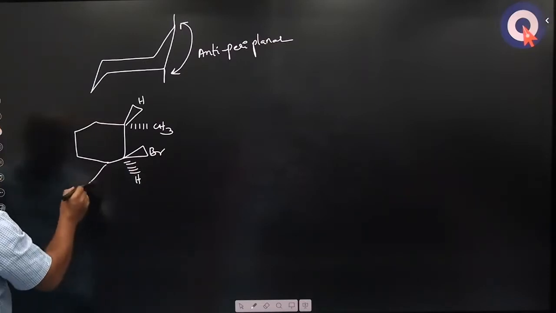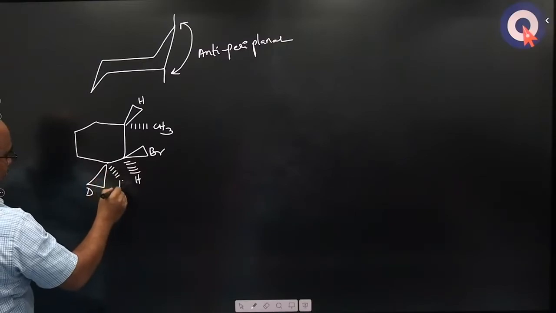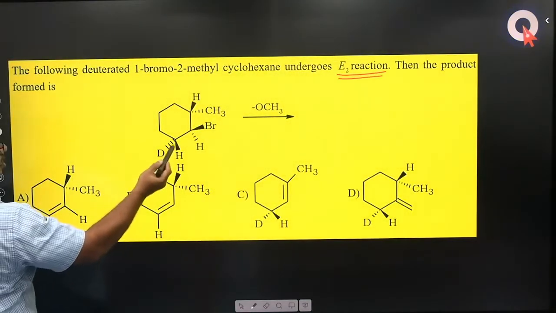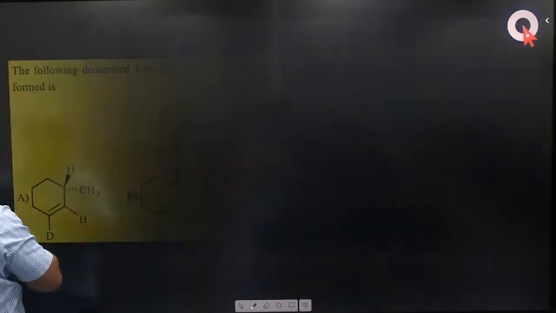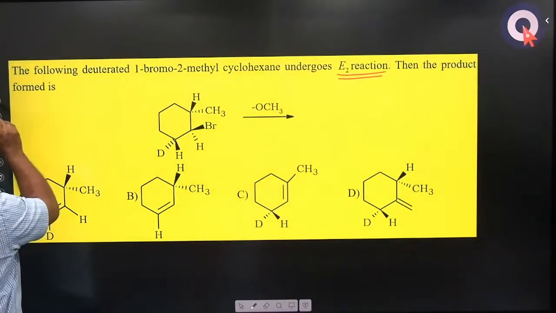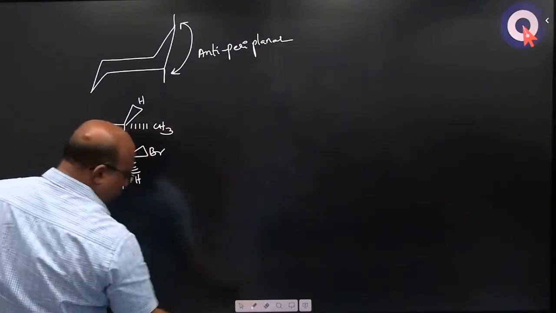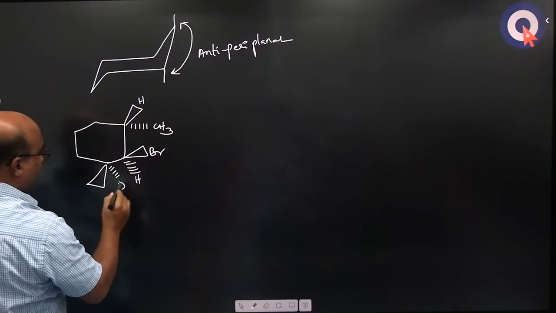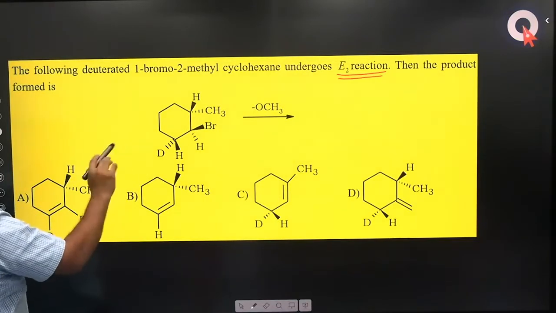Here D is above, hydrogen is below. Is it the same? The only change is here. H and CH3 okay, Br and H okay, D and H. Here it is D and H. Same: H is above, D is below. You can write on the left side or right side, that is not an issue.